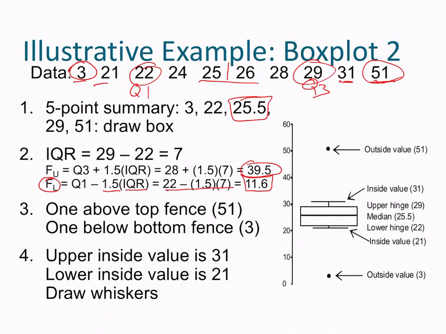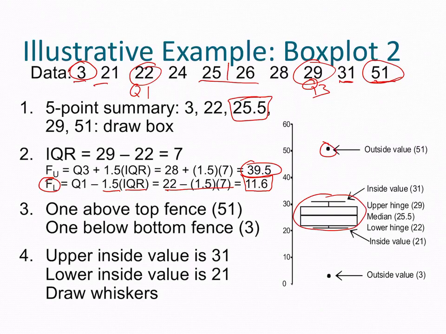So here's your box plot with our inside value of 31, because it is the one that's actually a true data point that's not outside the IQR fence limit. And the value that is above the fence limit is drawn as a dot shown above.